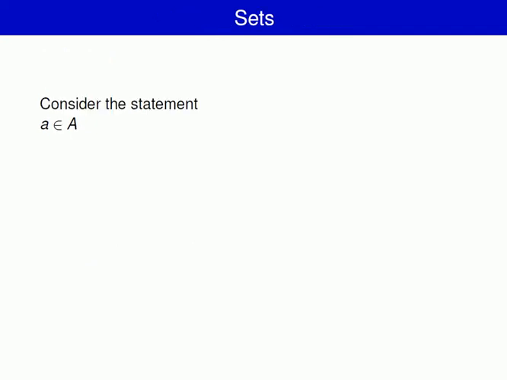Let's talk about how to give the negation of all these statements. Remember, A is an element of the set A is a statement. How do I say A is not an element of A?